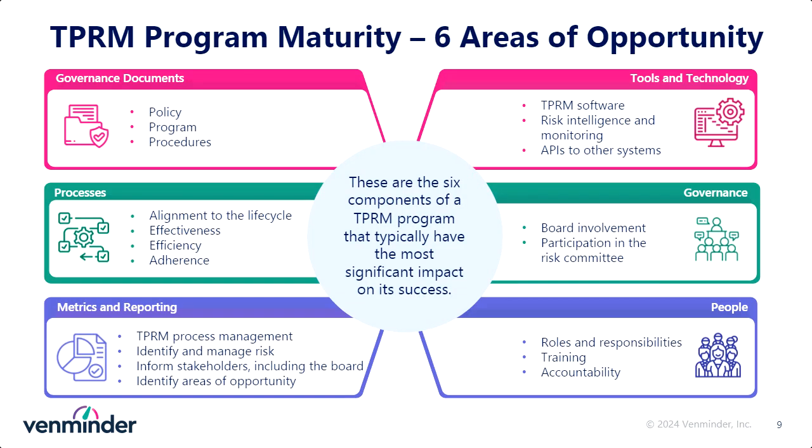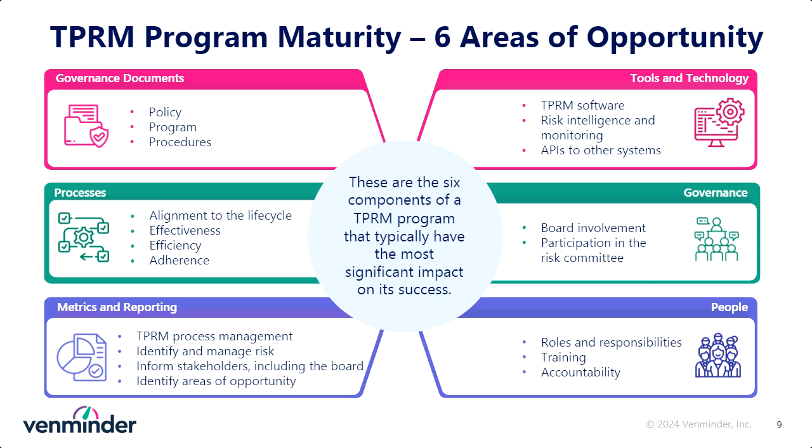Now, when it comes to program maturity, that is going to mean a lot of different things for different people. But in my personal experience, over 20 years here, and through working with many peers and so many clients, I keep coming back to these 6 primary elements that really seem to contribute to program maturity. And these are the 6 components or areas that are going to give you the biggest lift most often.